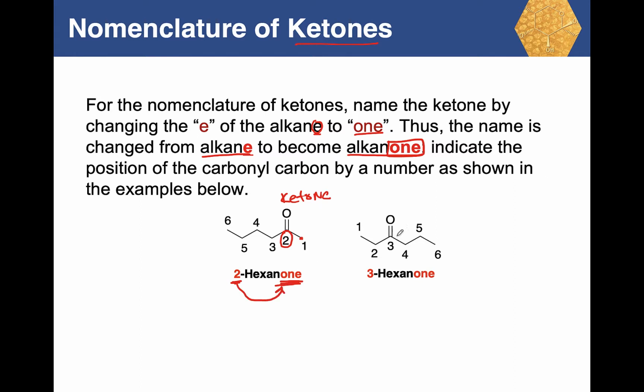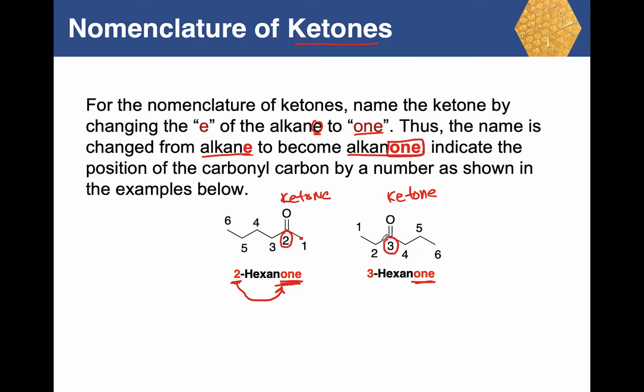Here's another example. Here is 6 carbons again, so that's hexanone. How do we know it's an one? Because here is the ketone. We start numbering at the end closest to the carbonyl or the carbon-oxygen double bond. And so we'd start here, 1, 2, 3, 4, 5, 6.